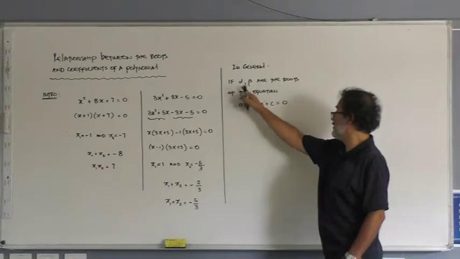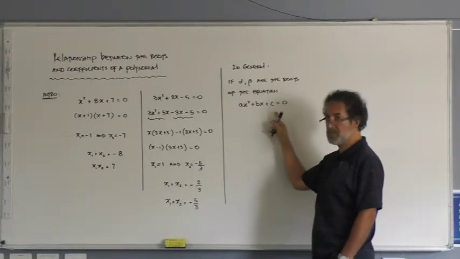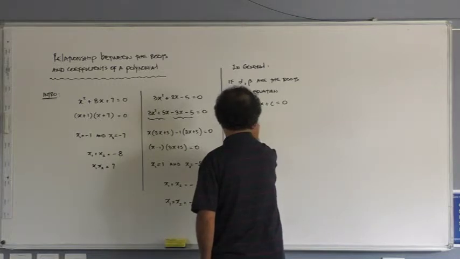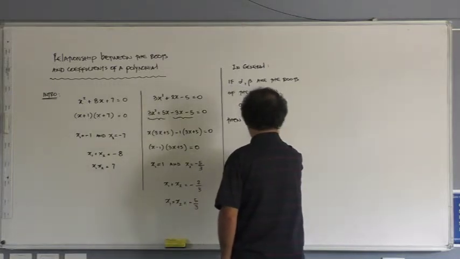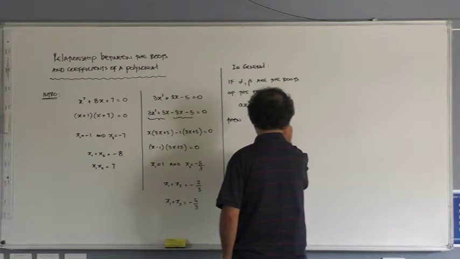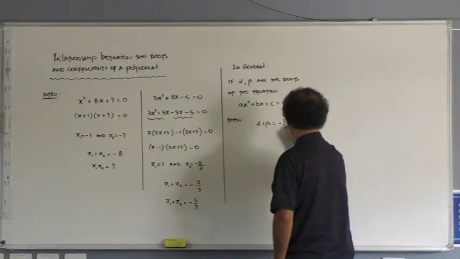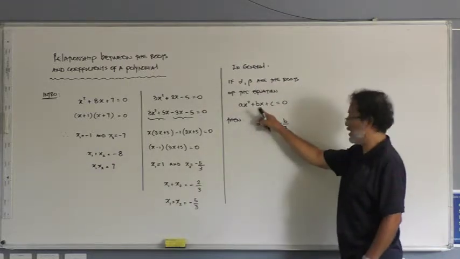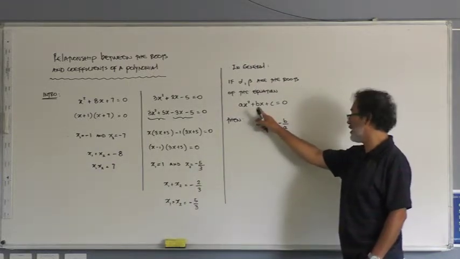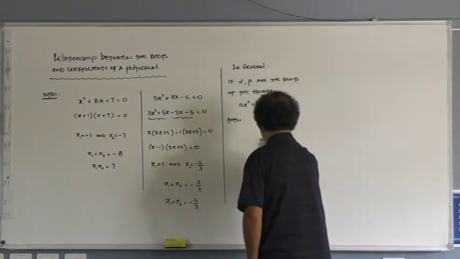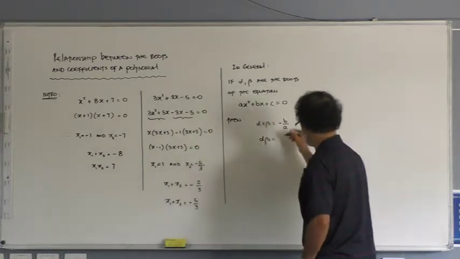So if these two are the solutions for this equation, then alpha plus beta is equal to minus b on a. So it's going to be minus this number over a. And when you multiply them, the answer is going to be c on a.